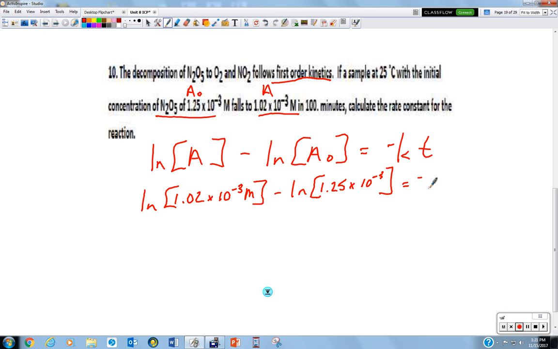So how do you know when it's A and A naught? Your original concentration is always going to be larger, because it told us right here: initial concentration. That's always your bigger number. If the other one's bigger, it's going to mess up the equation, but it'll work still. Just always look for the initial or original concentration.